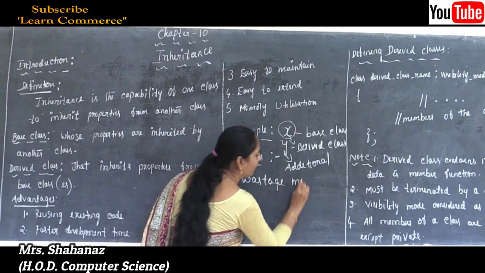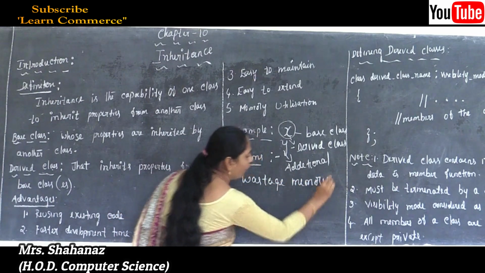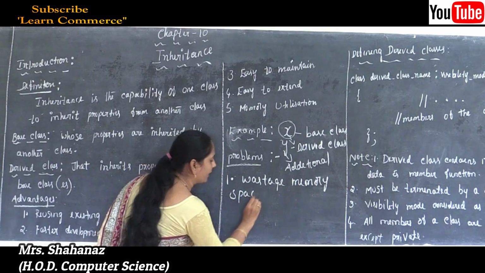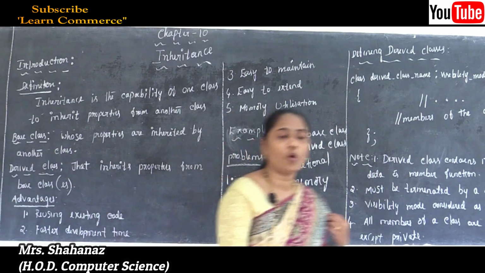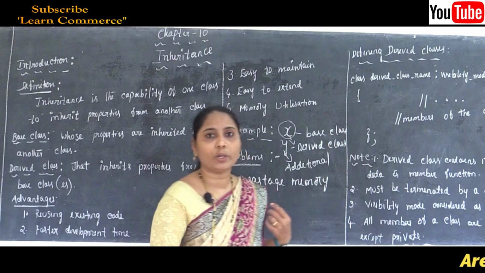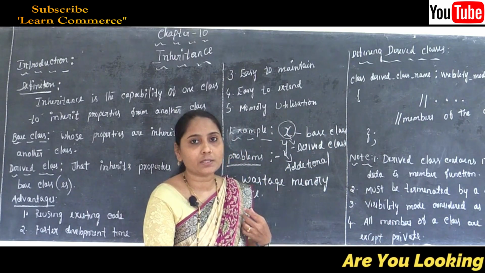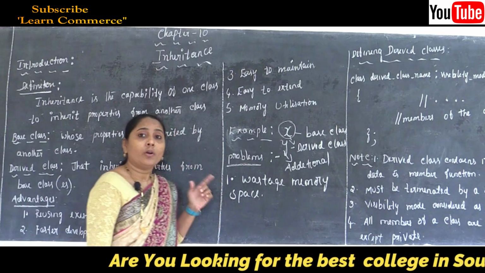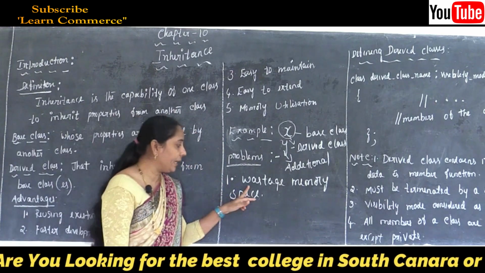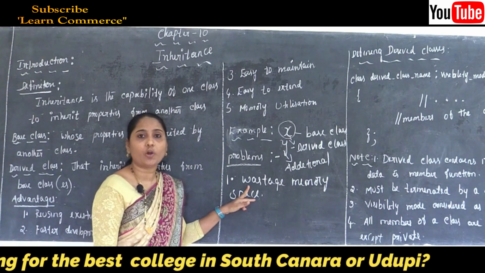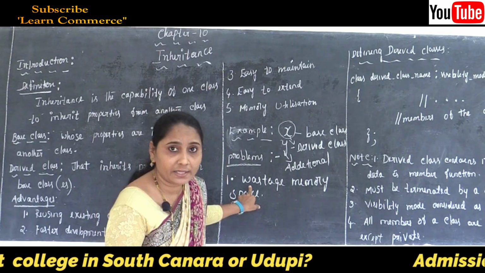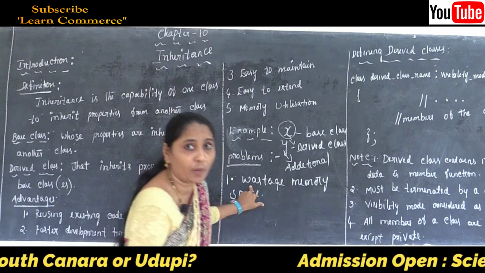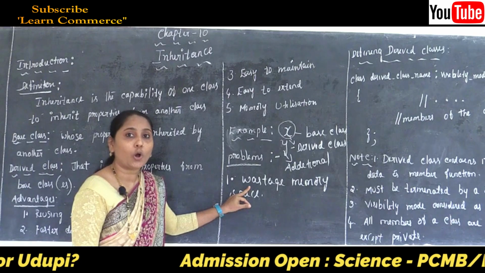Clear this point here? The same code, maybe 100 lines, you are going to repeat also in the derived class, class Y. At that time, it leads to unnecessary wastage of memory space. So this is the first problem if you are using the direct option.